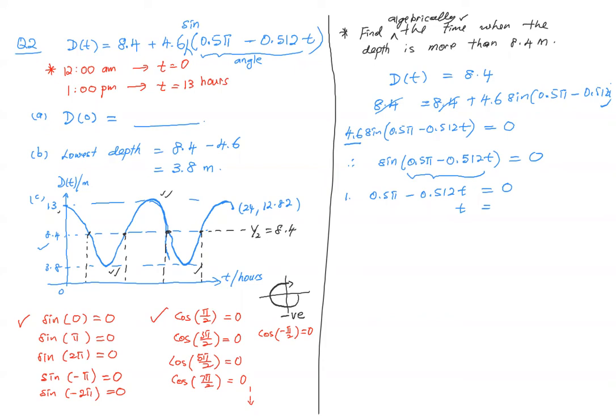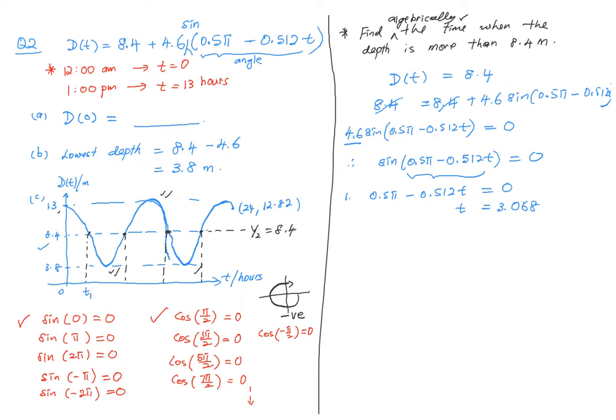Divide by 0.512. You get 3.068. Okay, we put it there. So this is your t1 here.